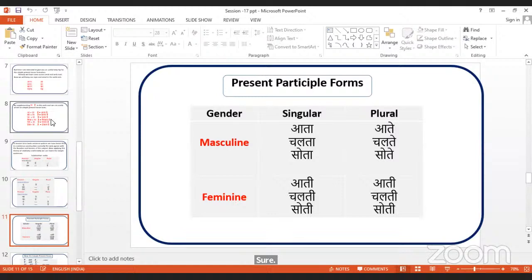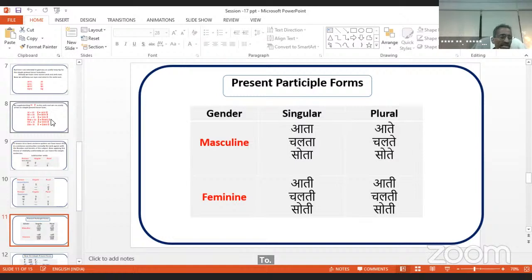Along with the verb root, we have seen that this present participle form is actually an adjective. It is derived from the verb, and it is formed by adding ta to it. So when masculine singular is there: aa plus ta, aata; chal plus ta, chalta; so plus ta, sota.